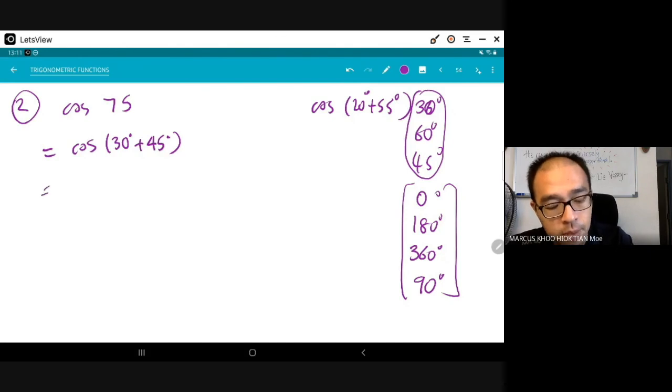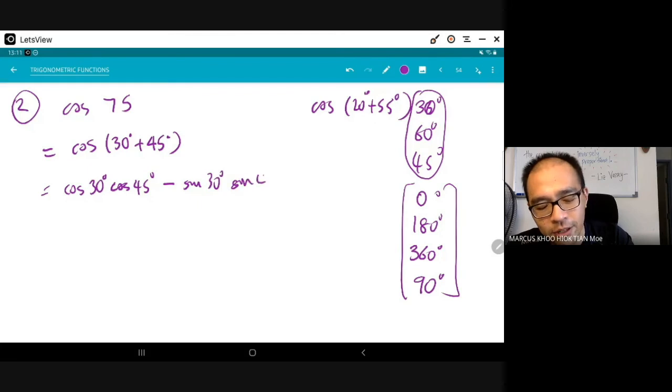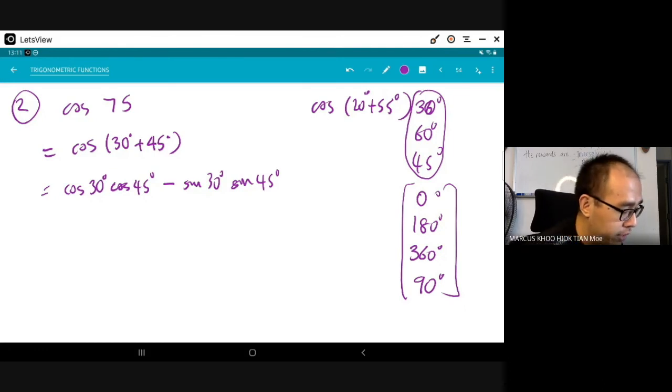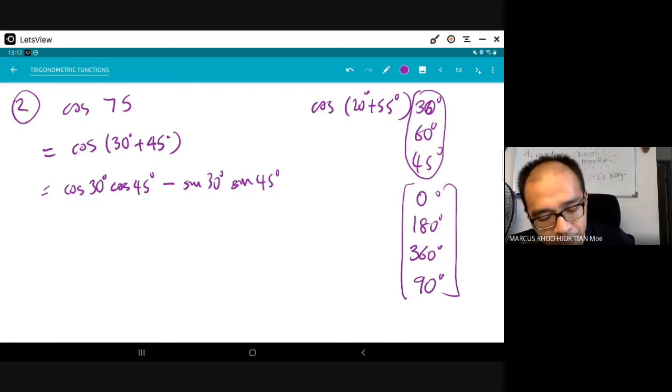Let's go with this: cos 30, cos 45, minus, sine 30 and sine 45. All these are special angles that you're supposed to know, but if you have forgotten what the values are, turn to page 199.